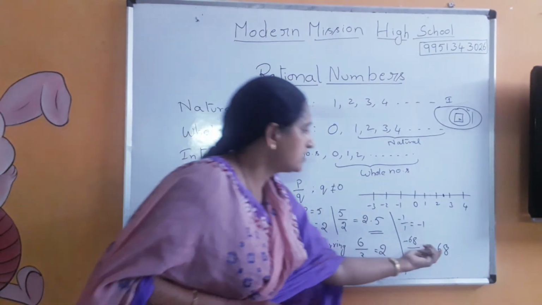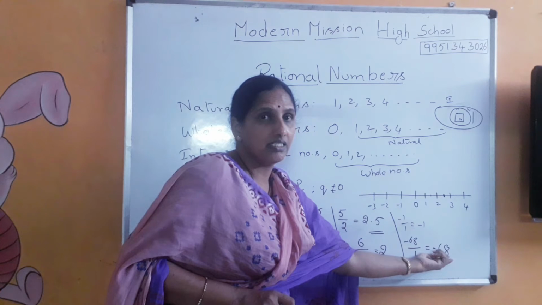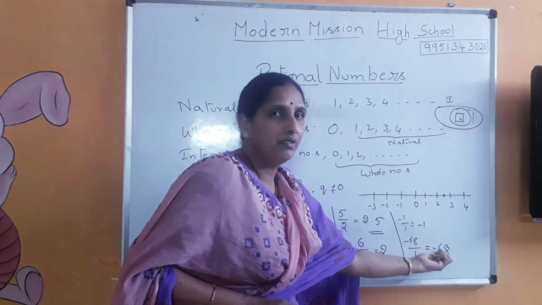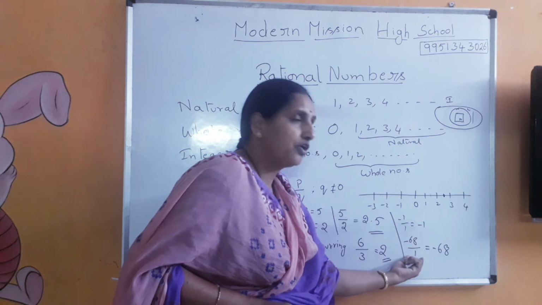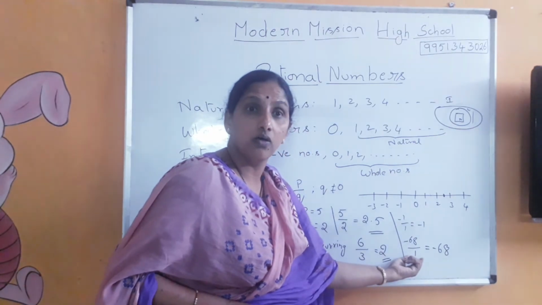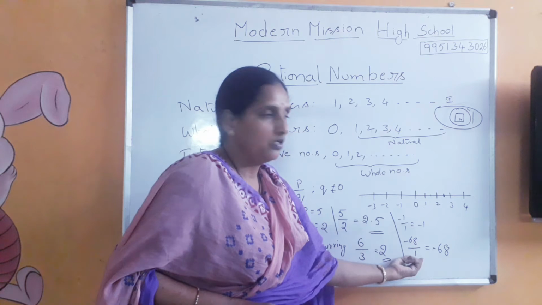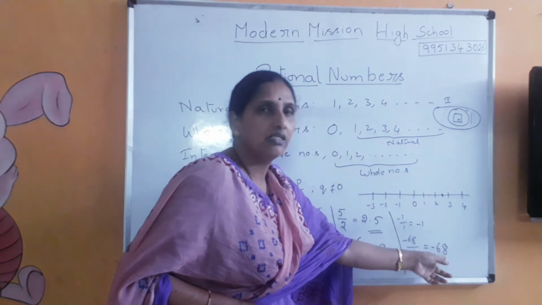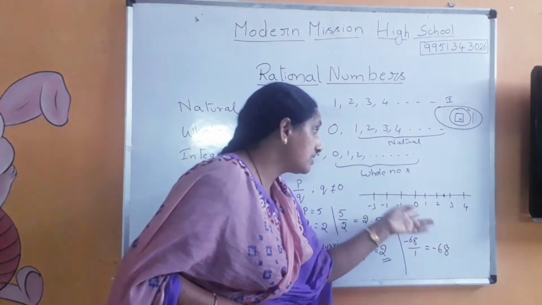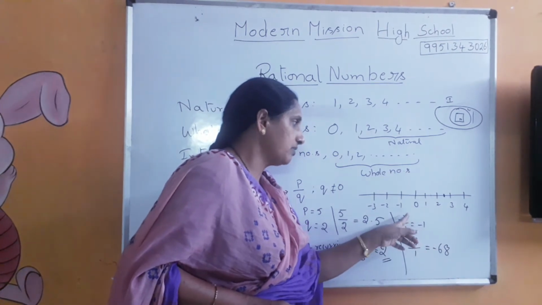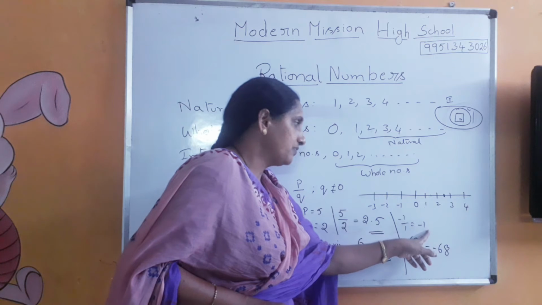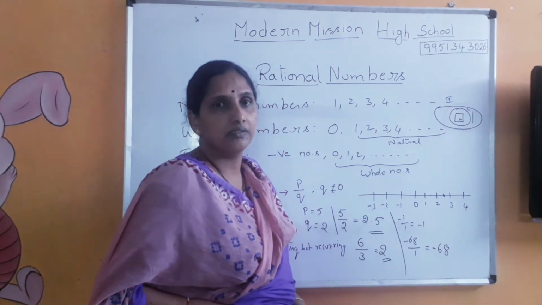So this minus 68 can be expressed in the form of P by a non-zero Q. Therefore, this is a rational number as well as an integer.